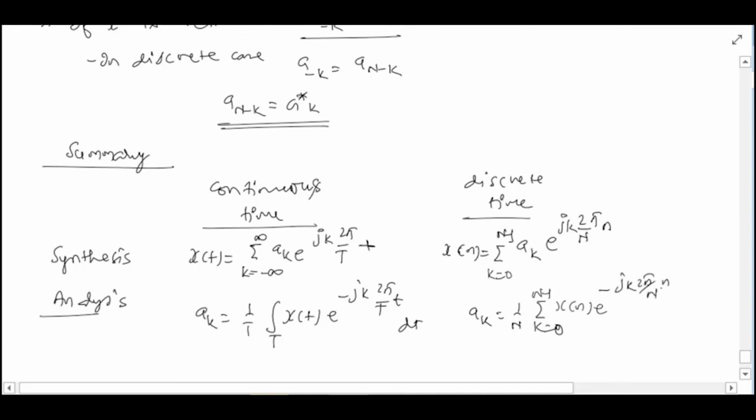We see a symmetry in synthesis and analysis equations in both cases, namely the signs of the exponents in the complex exponential reverse. In the case of synthesis equations, we have positive exponents, whereas in the case of analysis equations, they become negative exponents. Okay? This brings us to the end of this chapter. Thank you.